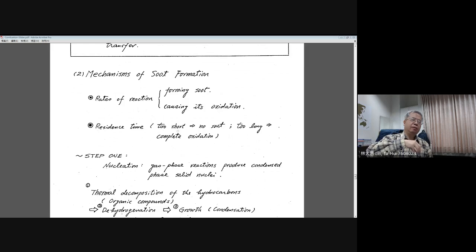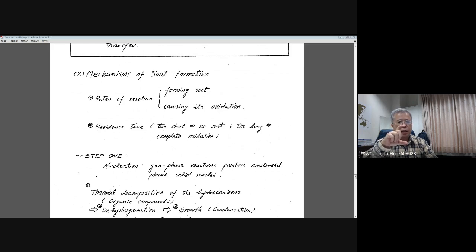As I described for the jet diffusion flame, you remember, at the base of your diffusion flame near the exit plane of your burner, usually you can see there is a blue flame, right? And I emphasize that in this region the jet is just coming out and has higher velocity. Higher velocity means the flow in this region has a smaller residence time. The fuel cannot stay in this region too long.